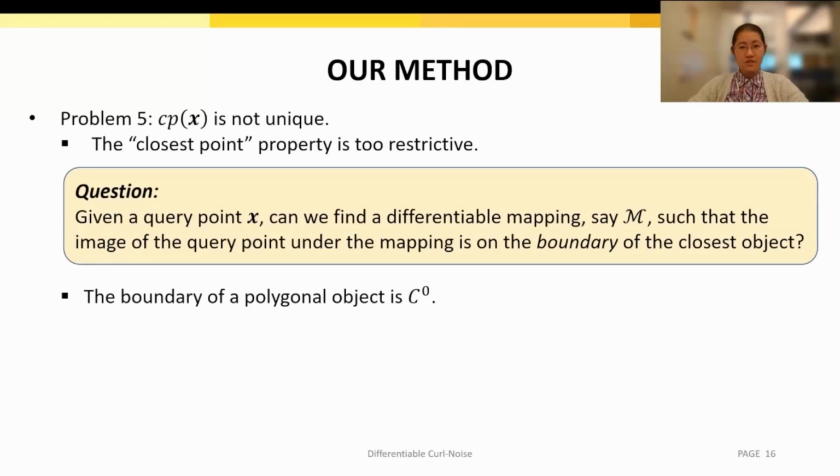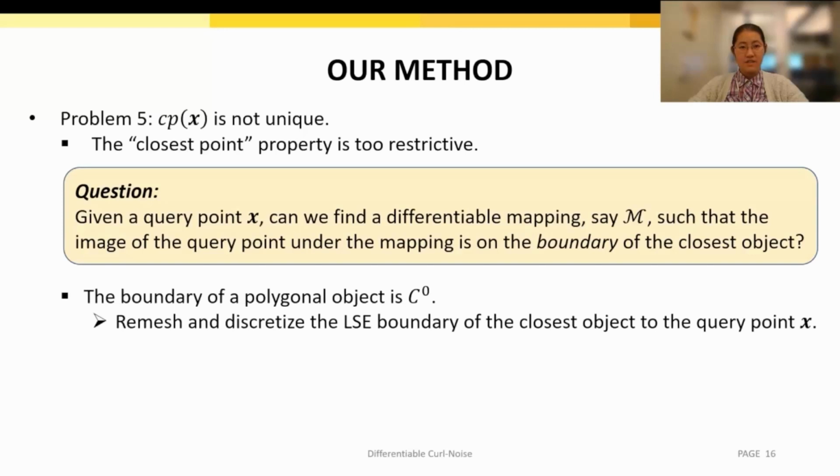We can use the differentiable feature of the LSE distance function. We remesh and discretize the LSE boundary of the closest object to the query point x. When we say the LSE boundary of an object, what we really mean is the isocontour such that the LSE distance function outputs 0. I will also call it the zero isocontour of the LSE distance function.